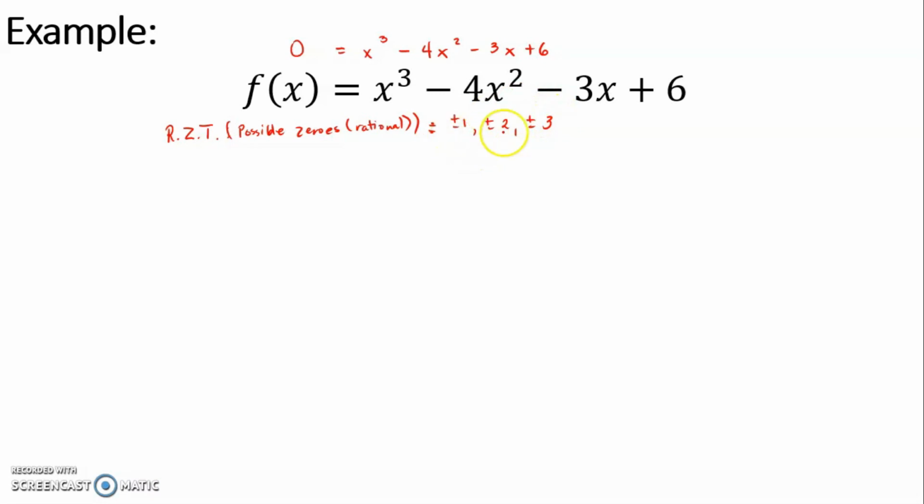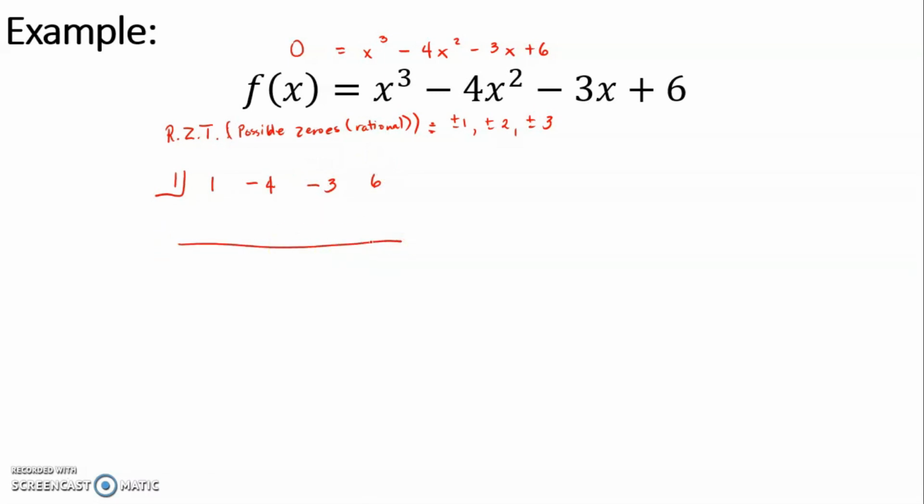Then, what are we going to do next? Let us look for the rational zeros of this particular equation by simply dividing using continuous division. So, let's start with 1. That would be x cubed minus 4x squared minus 3x plus 6.